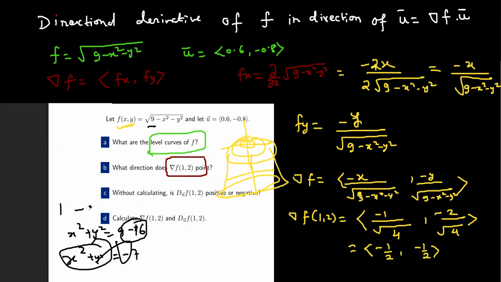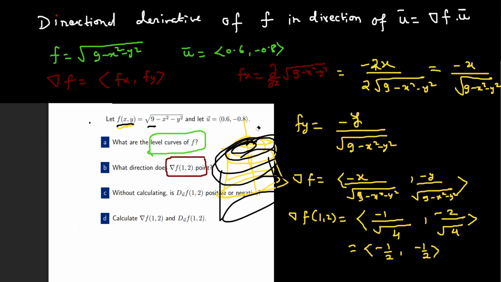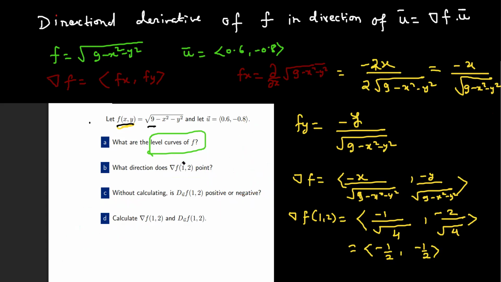It means you have to put f less than 9, then you will get the exact value. It means the level curve is going down inside. Understood?